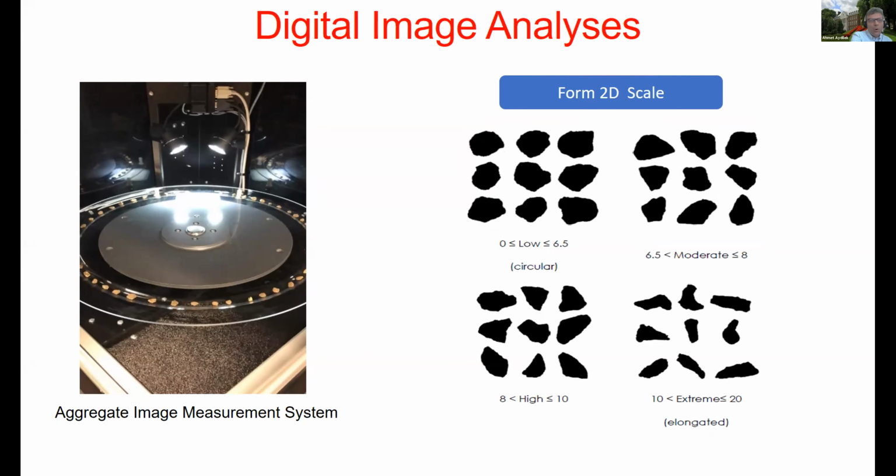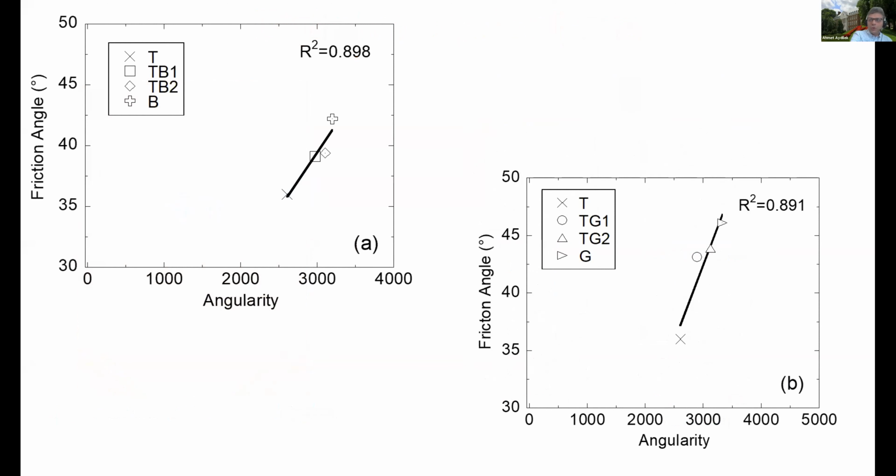We did both just to be on the safe side, making sure that our imaging approach is working fine, and it was. For instance, you can see here the angularity range, and then how it affects the friction angle for different types of particles. Again, you can see the topsoil at the bottom, and then the compost is at the top.